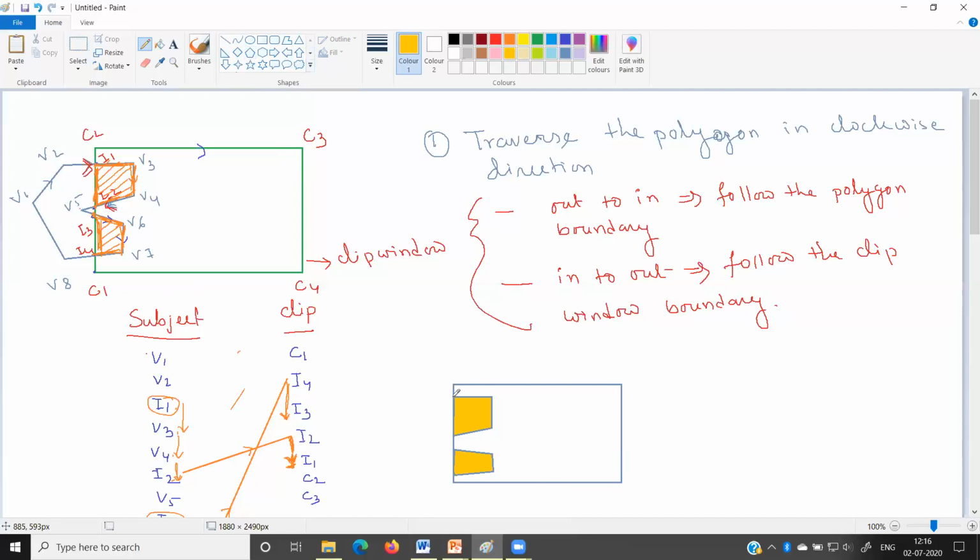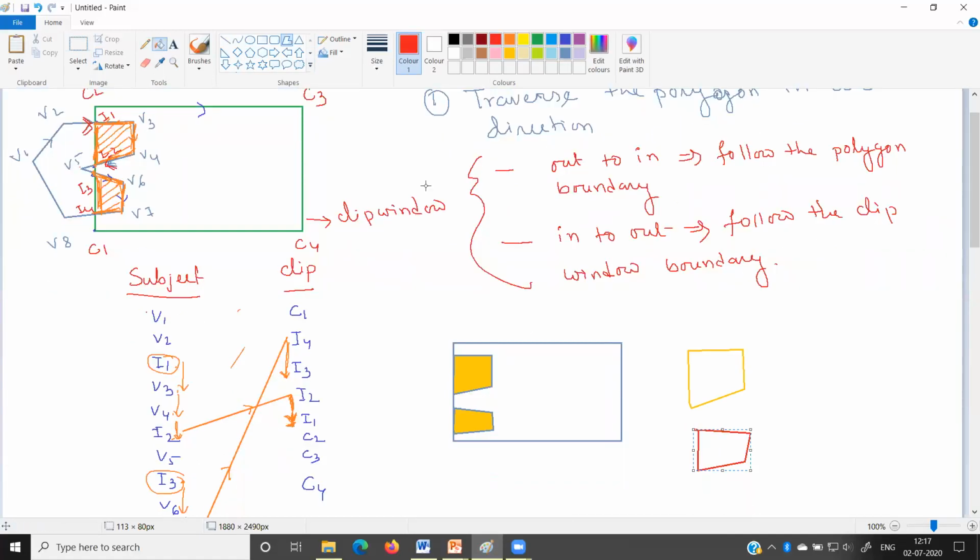So basically your output for Weiler-Atherton will be just this one. It will be like this, two polygons: one is this one and another is this one. So you will get two polygons like this.